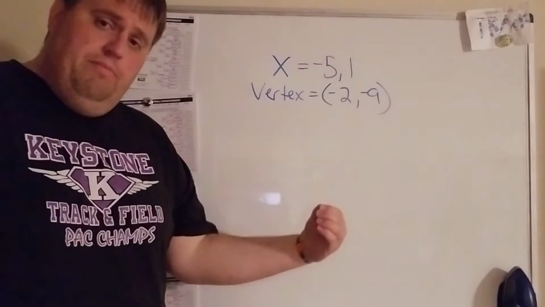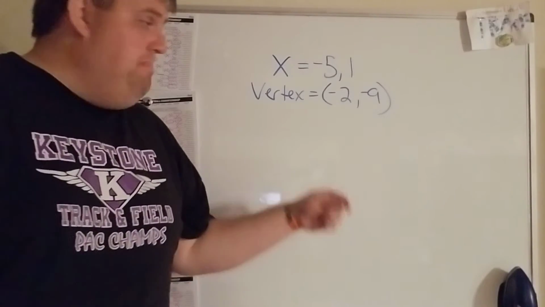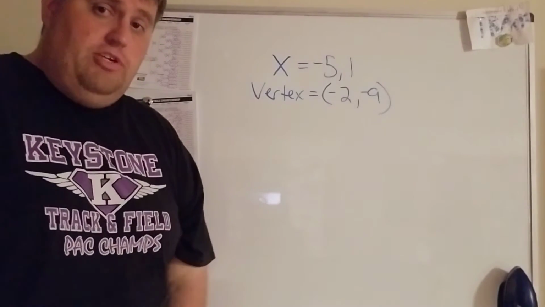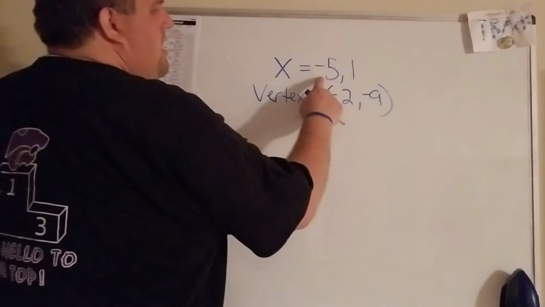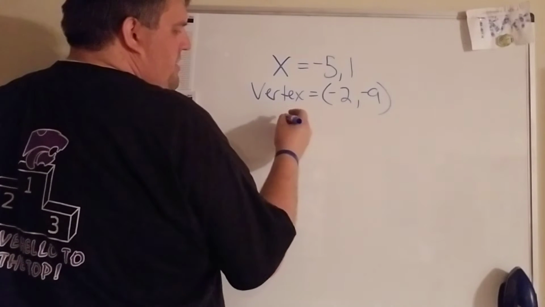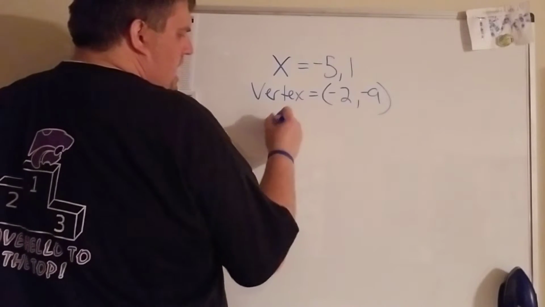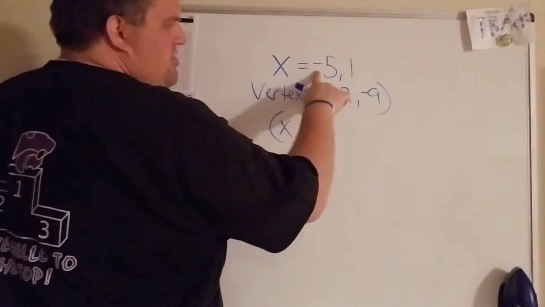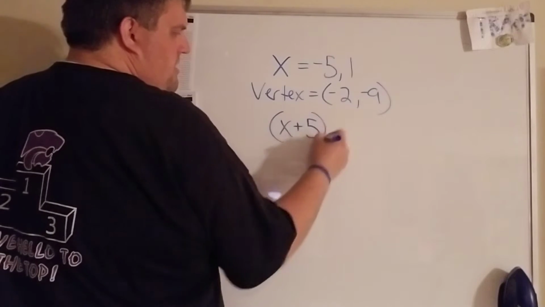Now what's cool here is we can actually come up with the function based off those two pieces of information. So think about what we know. If one of my solutions is -5, that means I would have done x plus 5.